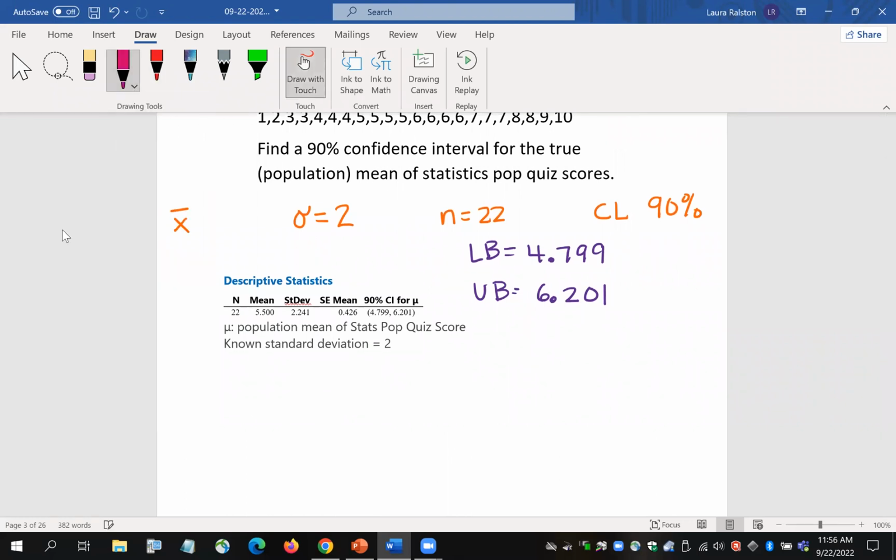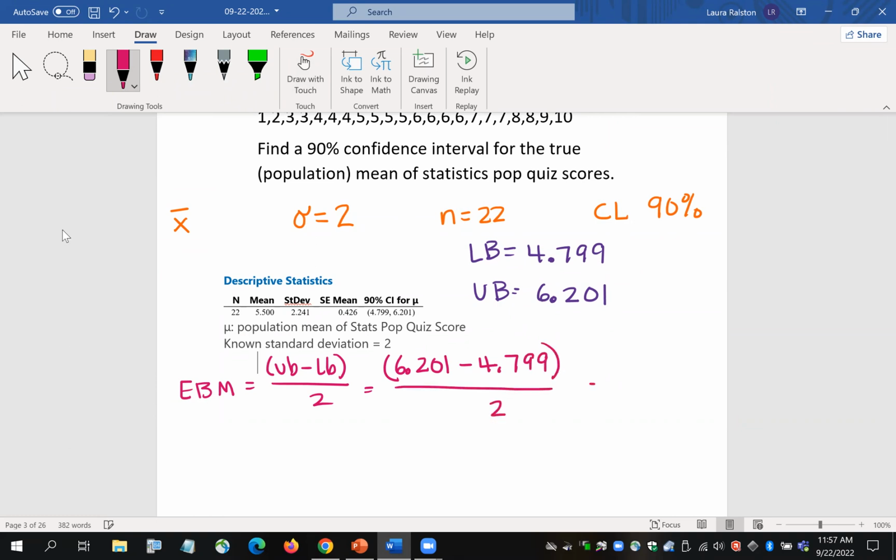So that's a manual calculation: upper bound minus lower bound, divided by 2. So I have 6.201 minus 4.799, divided by 2.